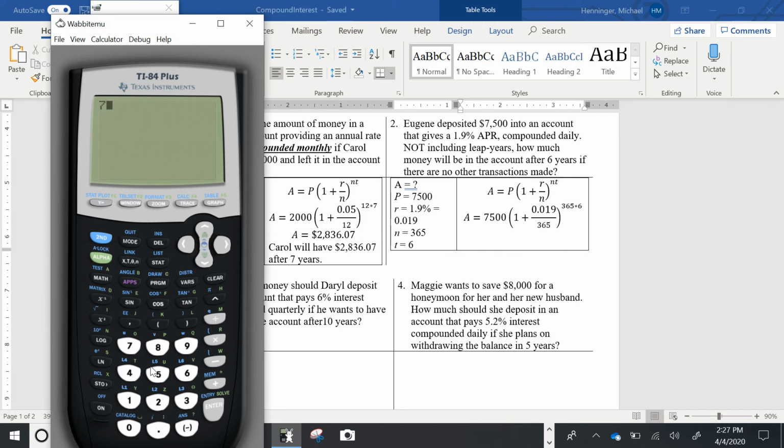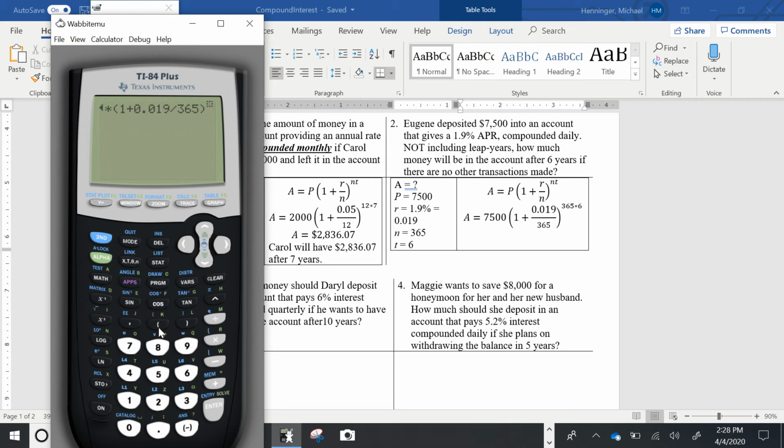So first 7,500 times, in parentheses, 1 plus 0.019 divided by 365, close those parentheses, raised to the power of. Now again, you see it raised it up to this exponent area.